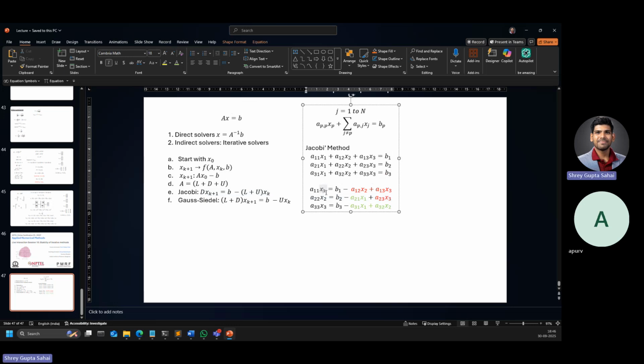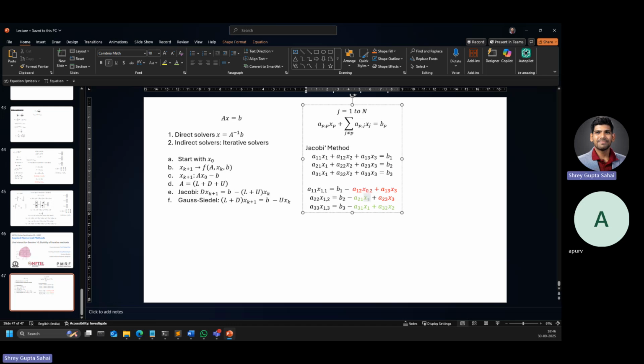There's one more important thing that I have missed writing here. Let's also write the iteration number in xk. So let's say this is x1,1, this is x1,2, this is x1,3. But here, all these values are from the 0th iteration.